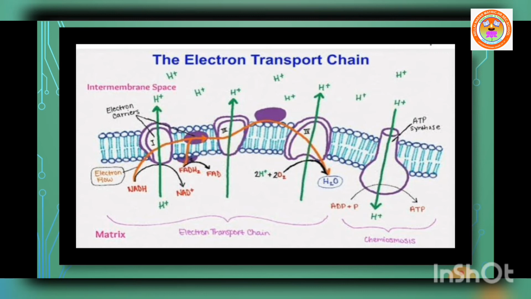That is the major function of the electron transport chain. These are the different stages of aerobic respiration: glycolysis, Krebs cycle and electron transport chain.